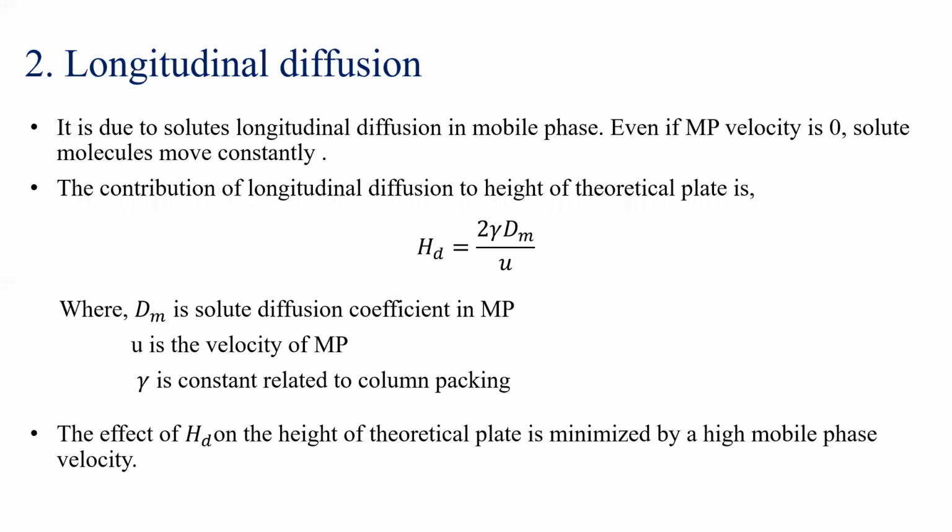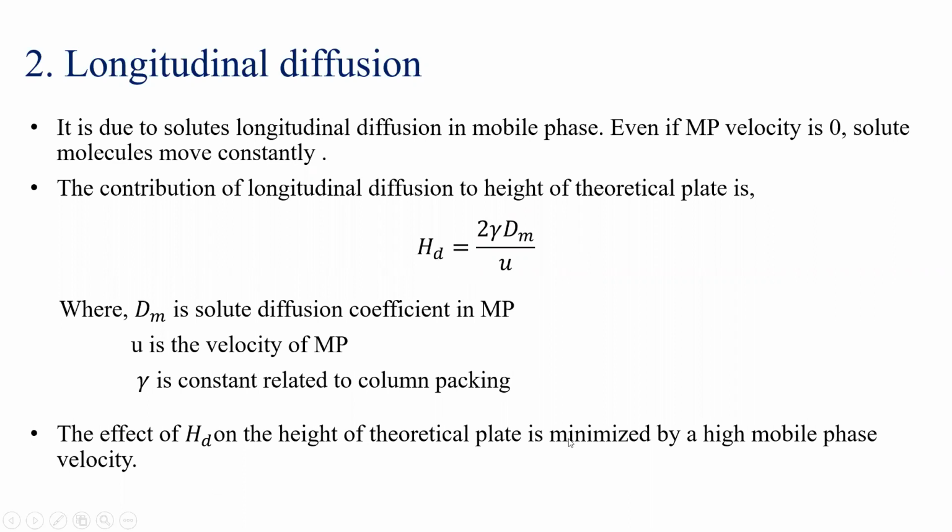Second one is longitudinal diffusion. The longitudinal diffusion occurs due to the diffusion of solute molecules within the mobile phase, even though the mobile phase's velocity is 0. The contribution of longitudinal diffusion to the height of the theoretical plate is given by Hd, which is equal to 2 nu Dm by u, where Dm is the solute diffusion coefficient in the mobile phase, u is the velocity of the mobile phase, and nu is the constant related to the column packing.